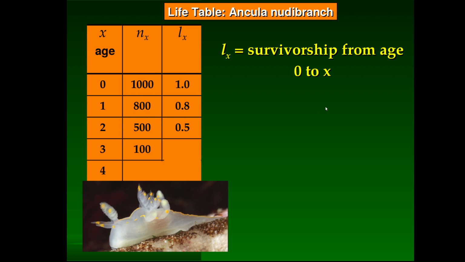And at age 3, only 100 remain, so survivorship is 0.1 from age 0 to age 3. 100 over 1,000 is 0.1. And finally, let's say that at age 4, none remain. So survivorship is now 0 from age 0 to age 4.